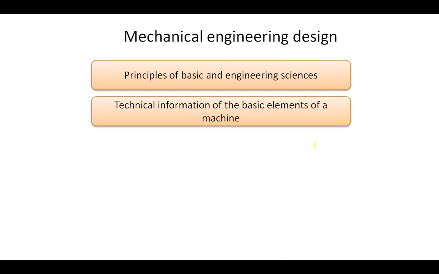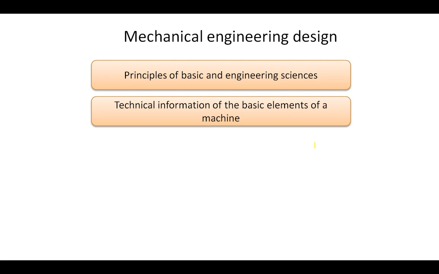Second feature is technical information of the basic element of machine. In previous lecture I have told you different basic elements because we are going to design basic elements only, like shaft, like gear, bearing, nuts, bolts.